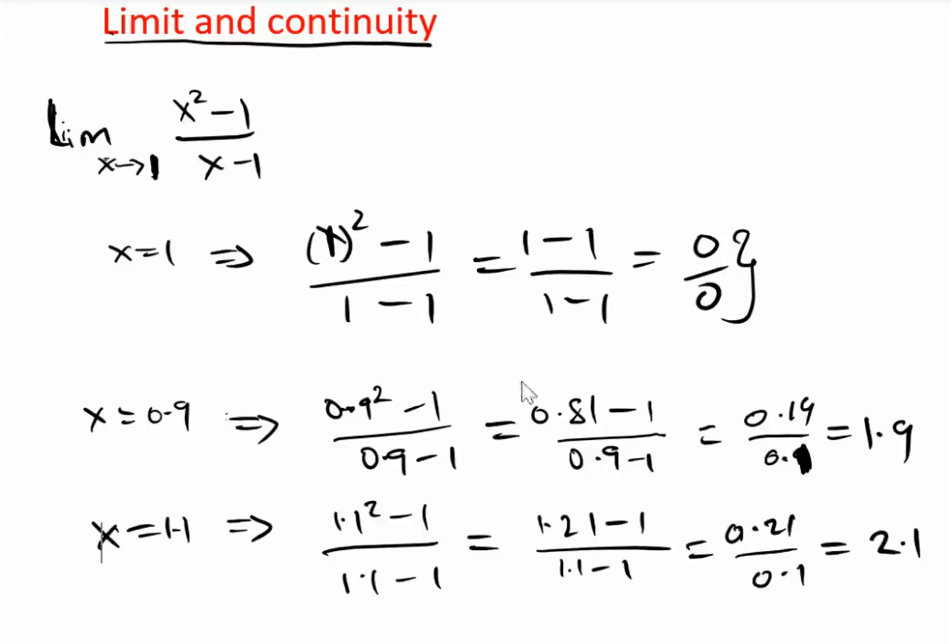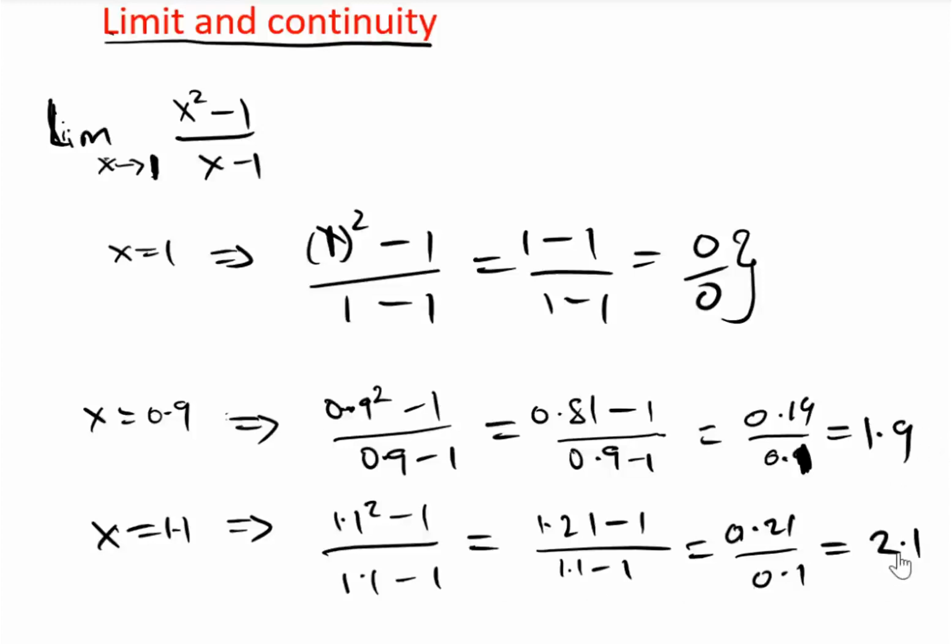So basically, looking at this, as x approaches 1, the limit tends to be 2. When x is 0.9, our limit is 1.9, and if x is 1.1, then our limit is 2.1. Therefore, we can say that as x approaches 1, our limit is 2.